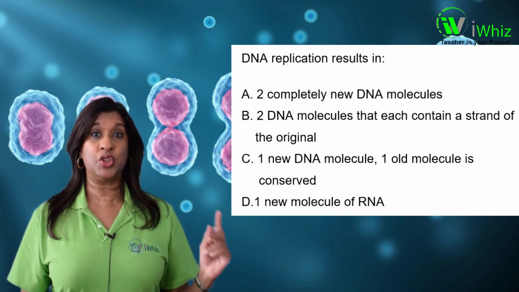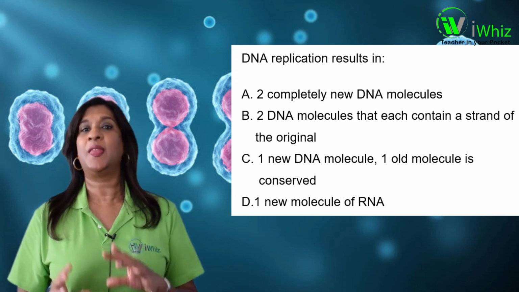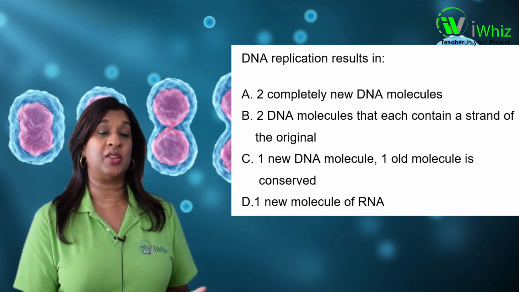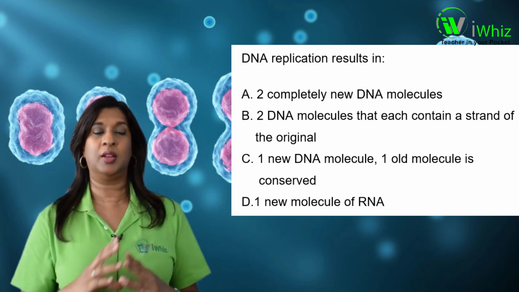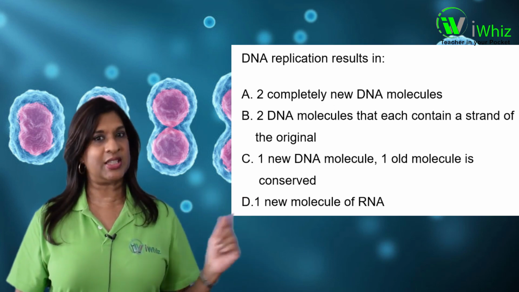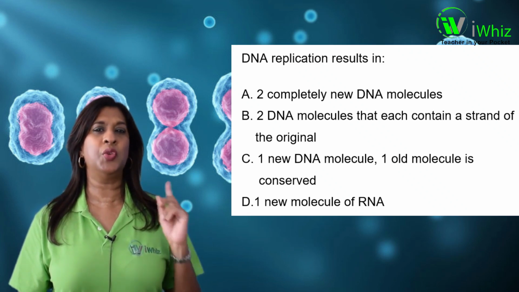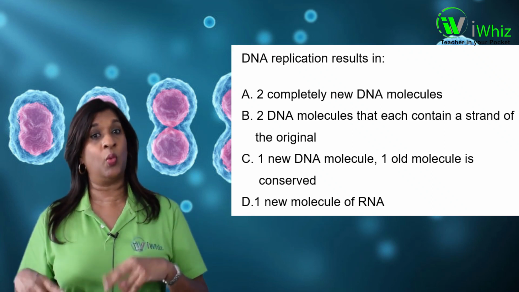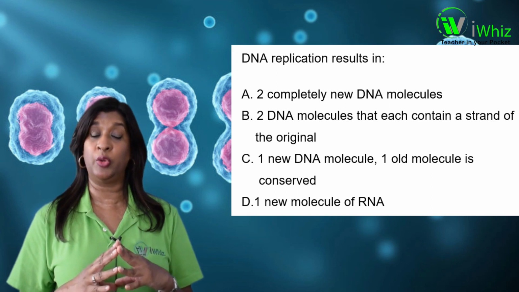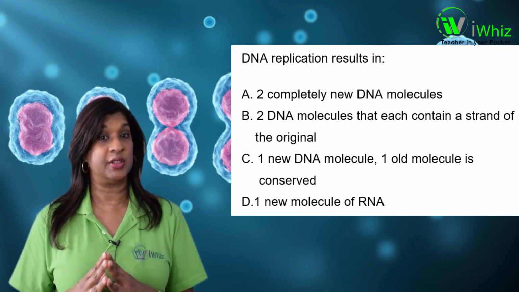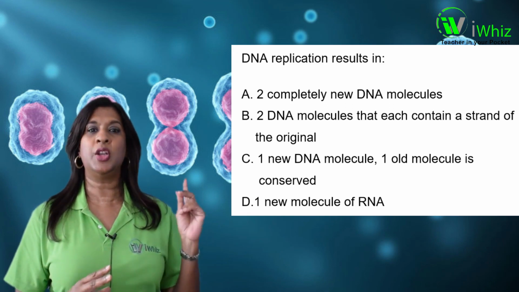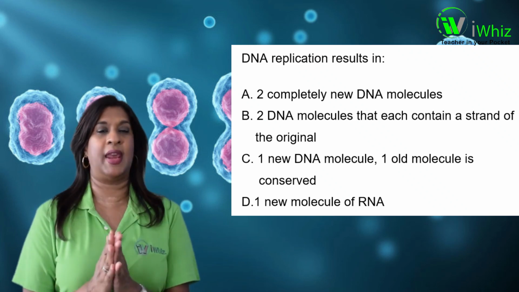B, 2 DNA molecules that each contain a strand of the original molecule. C, 1 new DNA molecule and 1 old DNA molecule is conserved. And D, 1 new molecule of RNA.